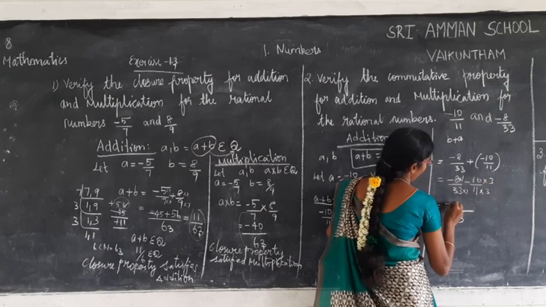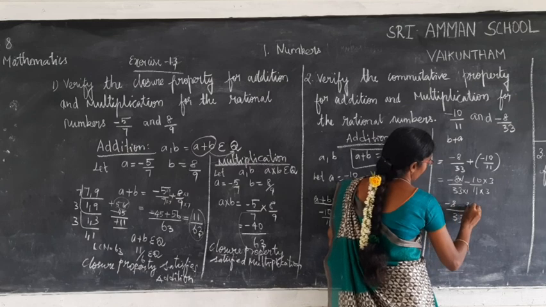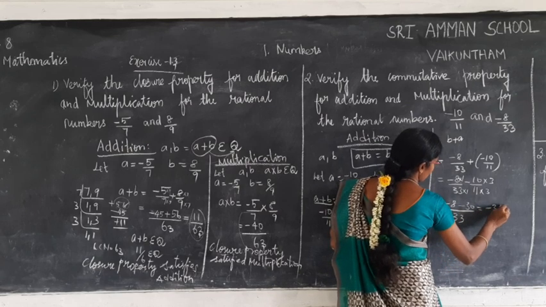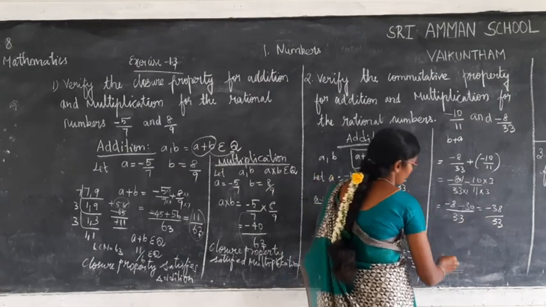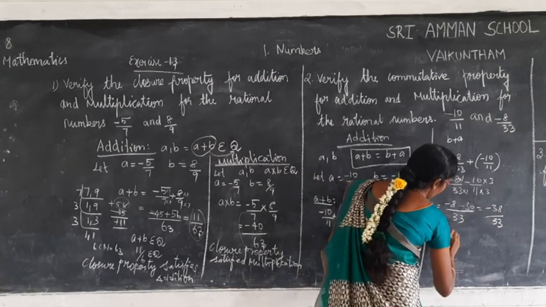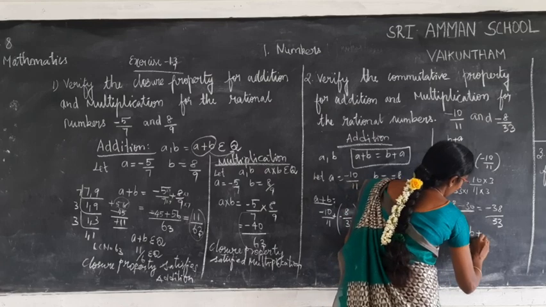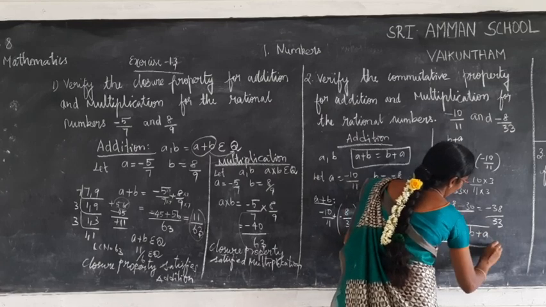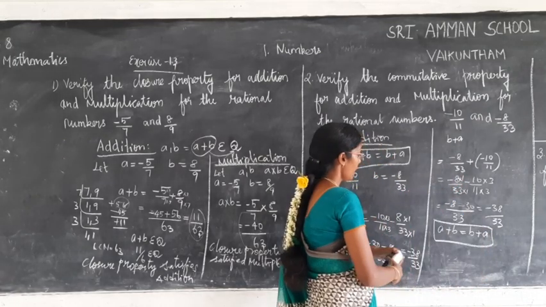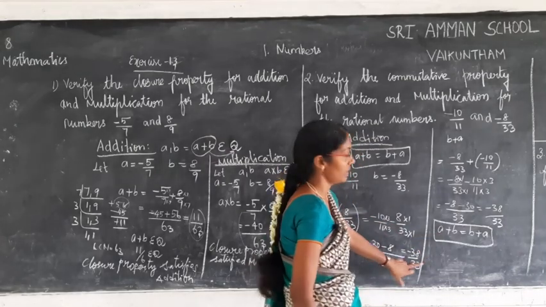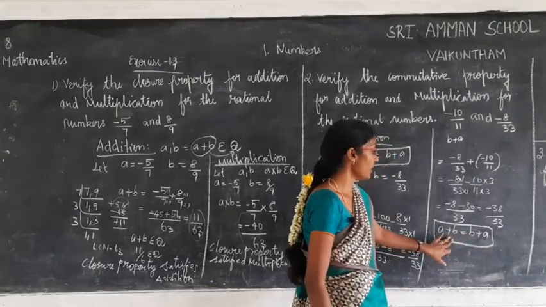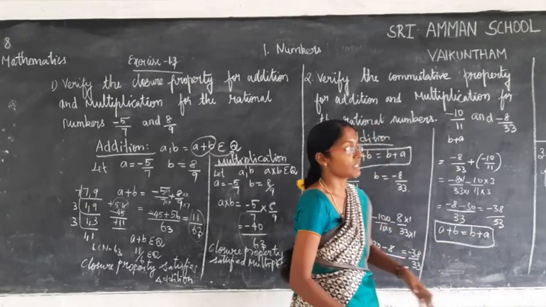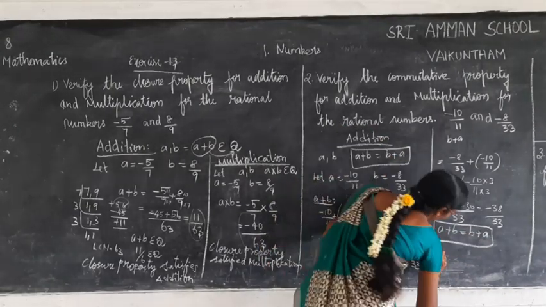Minus 8, minus 30, which is minus 38 by 33. So LHS is equal to RHS. So a plus b equal to b plus a. a plus b is minus 38 by 33, b plus a is minus 38 by 33. So we proved that a plus b equal to b plus a. That is commutative property.